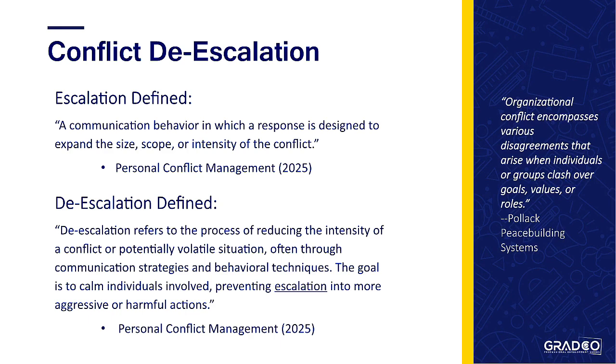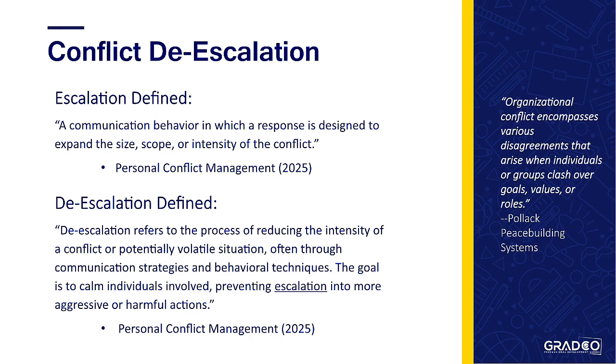Now, notice that in this definition, we're trying to reduce the intensity, and sometimes that means calming ourselves, because when we're involved in a conflict, oftentimes our body gets anxious. We start to respond to the increased cortisol in the body, and we're not calm. So we have to calm ourselves, and then sometimes we're helping to calm others at the same time.